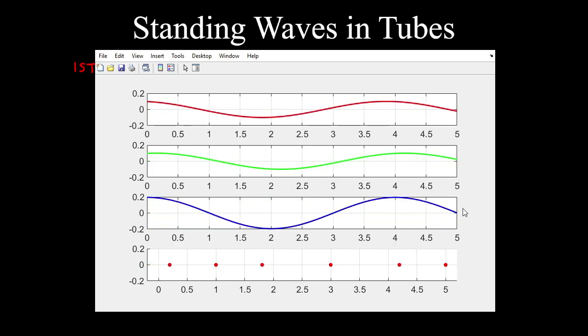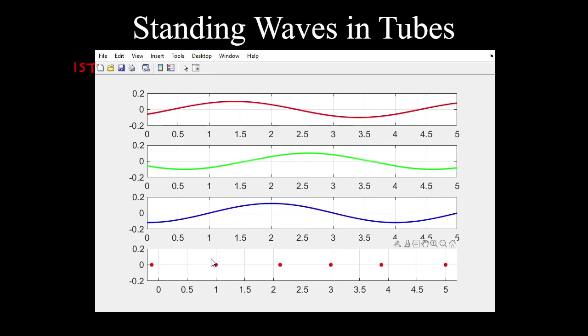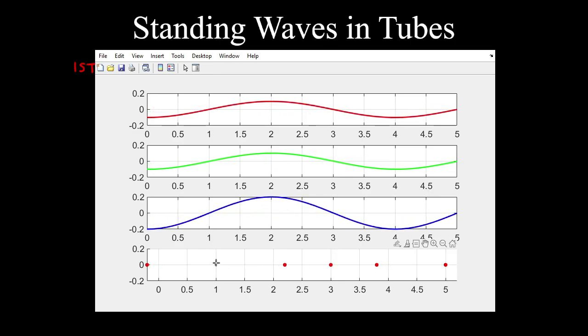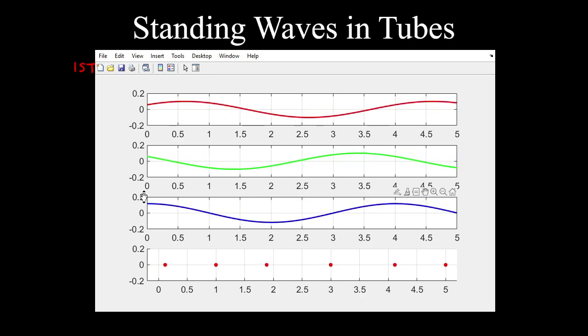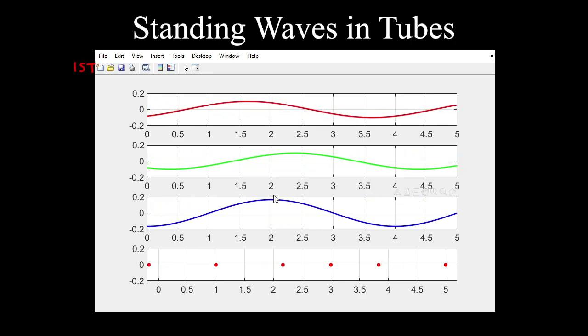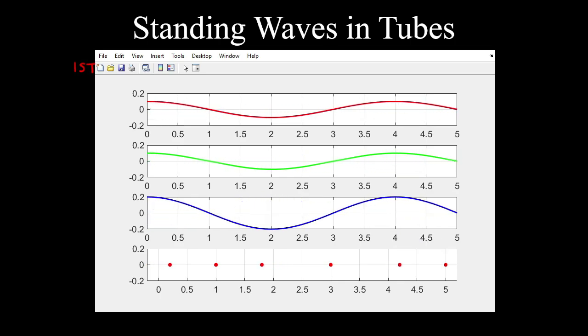So this time we have nodes at position 5, 3 and 1, so there's no displacement. And we have antinodes at position 0, 2 and 4, where the maximum displacement occurs. So you can see that we have 1 sinusoidal wave plus 1/4 of a sinusoidal wave to form this standing wave.